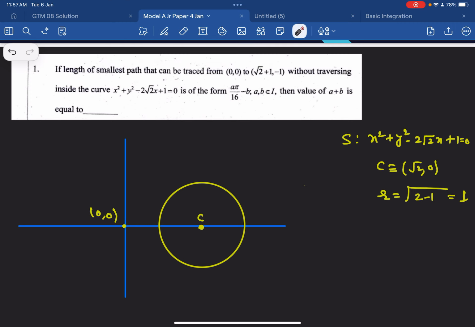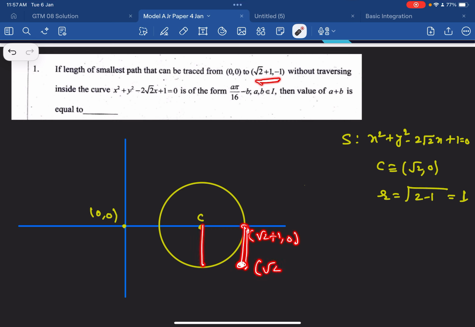Now if you see very carefully, up to here we are getting root 2, correct? So this length will be the radius 1. So this point will be root 2 plus 1 comma 0. And this is what they are saying, root 2 plus 1 comma minus 1. It means this point is somewhere here, because this length is also 1.